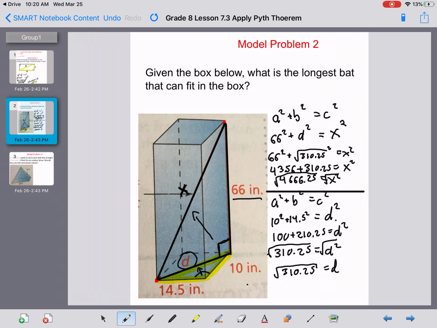Then I can take the square root of both sides. When I take the square root, I get that my final answer is 68.31. That's what I will round it to. So this here is equal to 68.31 inches. That's the length of the longest bat that can fit into this box.